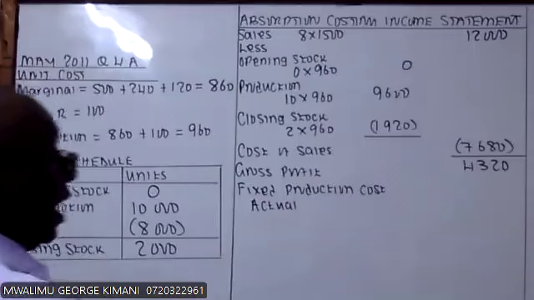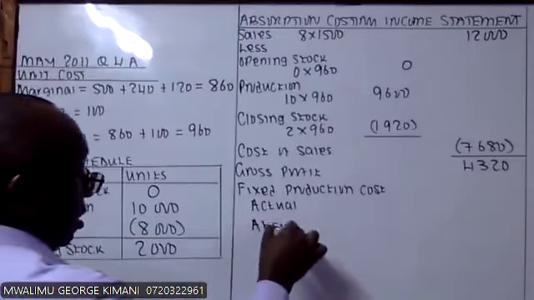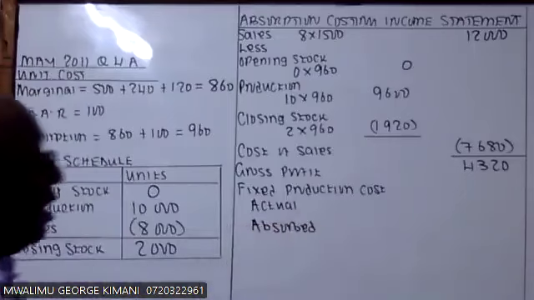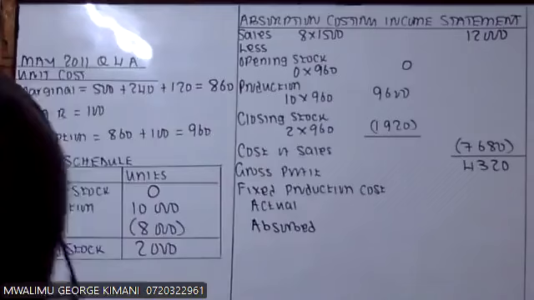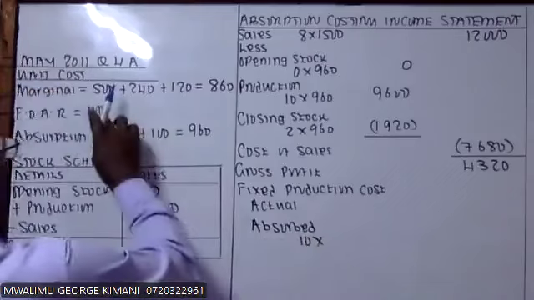So let's first of all get the absorbed. The absorbed is supposed to be this 10 times this one, 100.